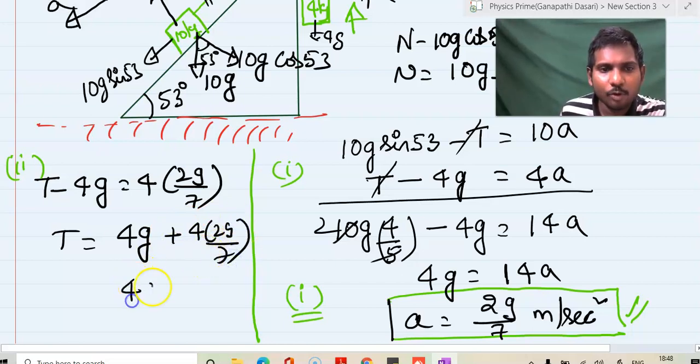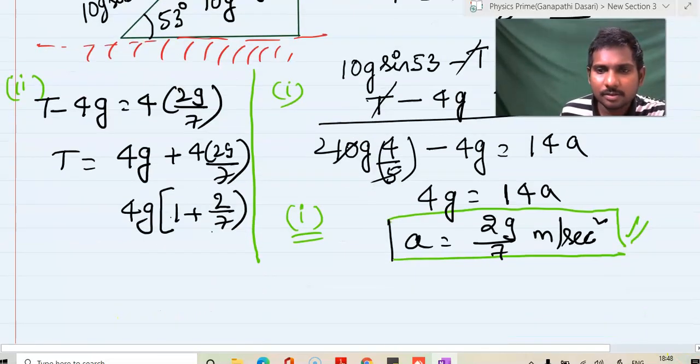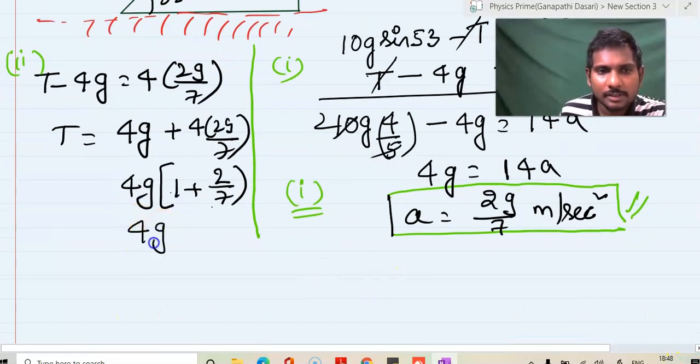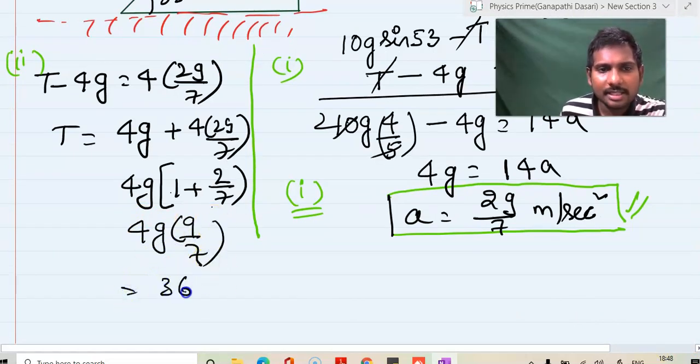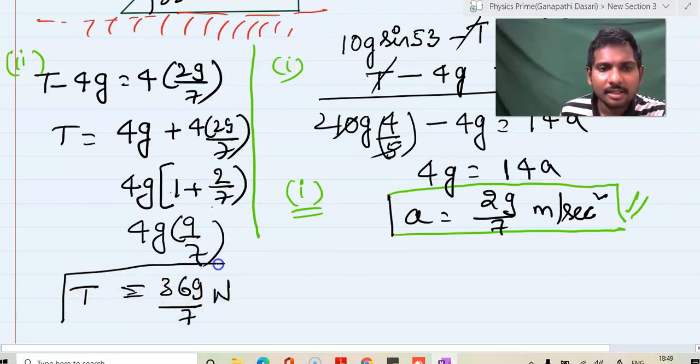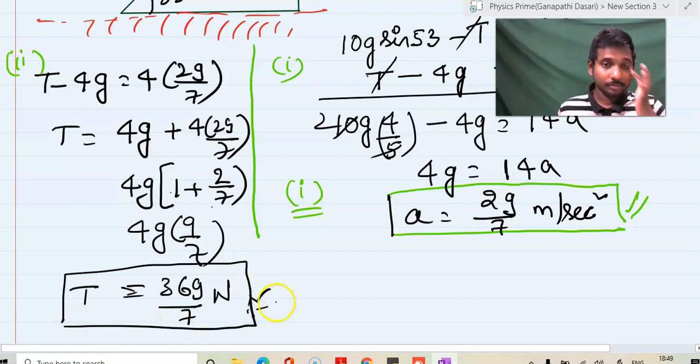If we take 4g common here, 1 plus 2 by 7, 7 plus 2, 9 by 7, that is 4g into 9 by 7. The answer is 36g by 7 will be the tension. 36g by 7 newtons is the tension force in the string.